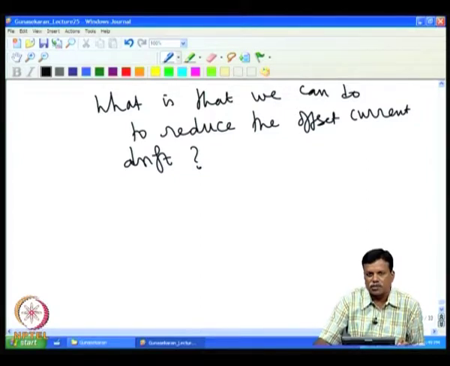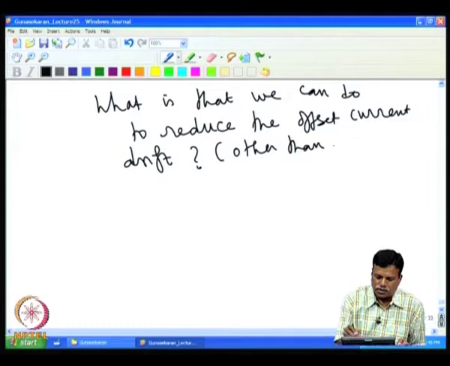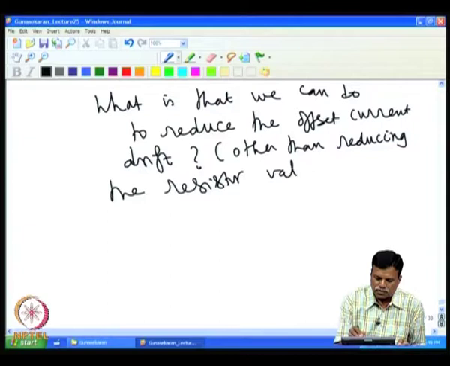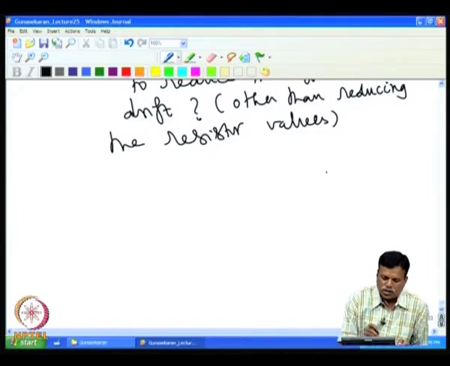What else can we do to reduce the offset other than reducing the resistor values?